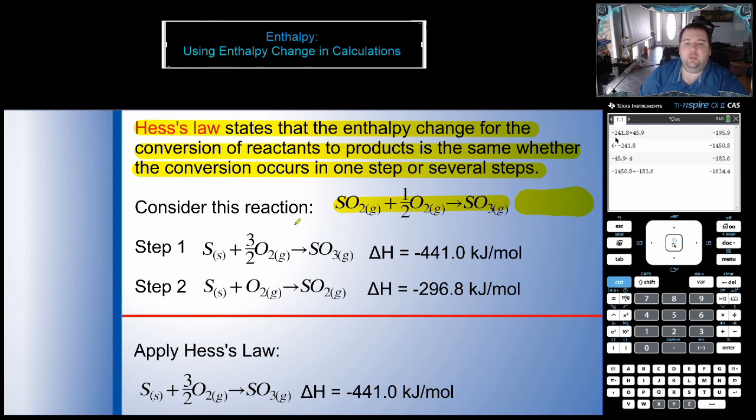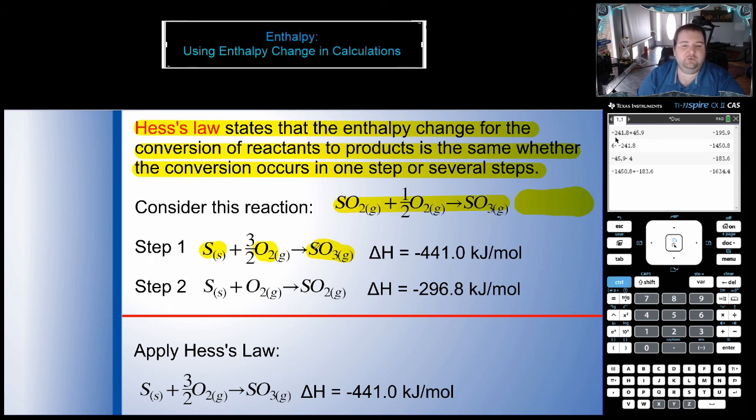All right. Step one of this reaction would be to create our SO3, right? And SO3 is going to be created from its standard state compounds. So what's the standard state of sulfur? Well, it's just sulfur. What's the standard state of oxygen? O2, right? And now you just balance.